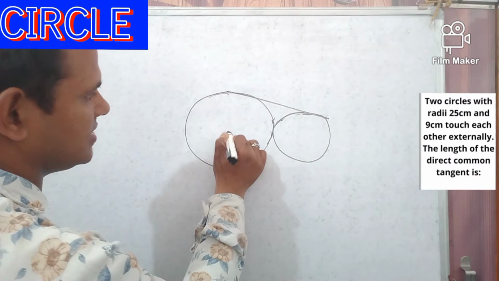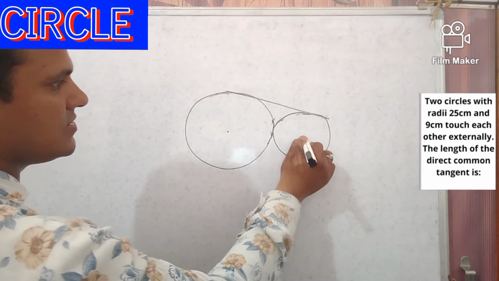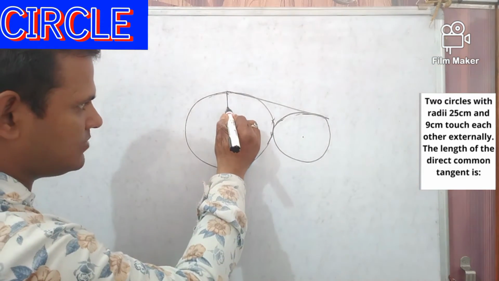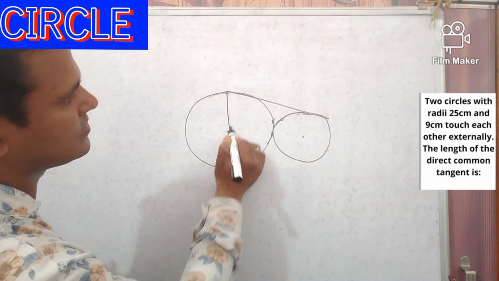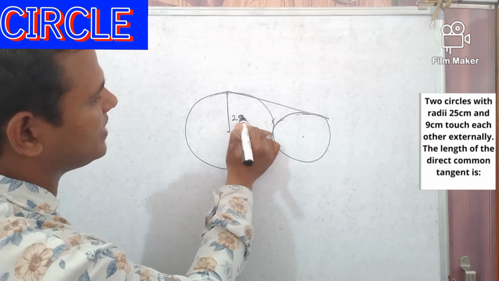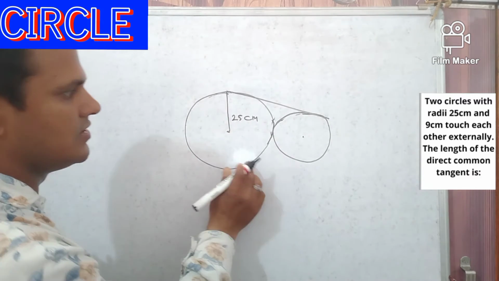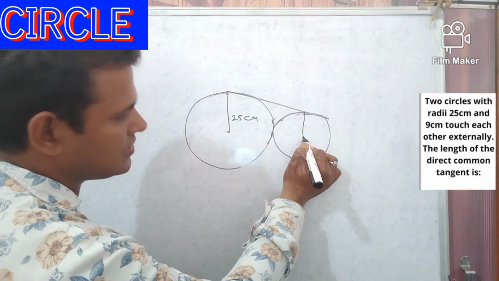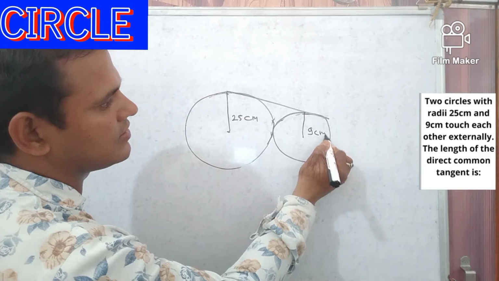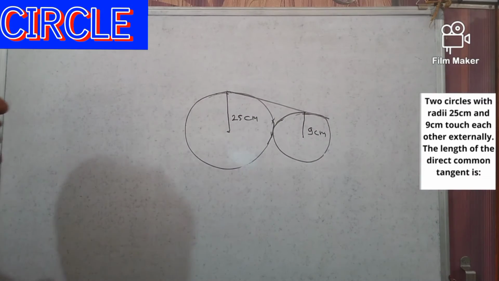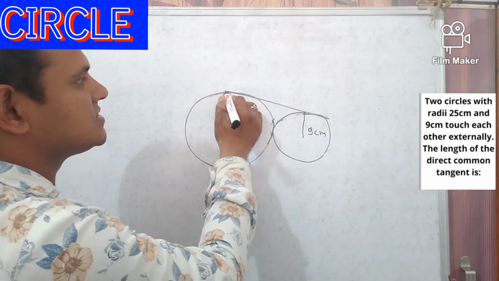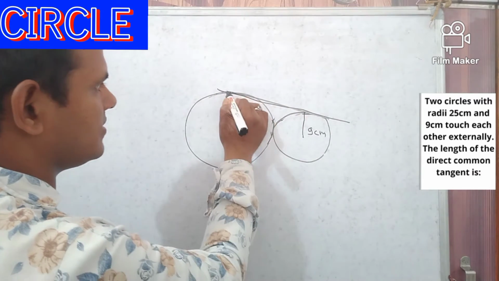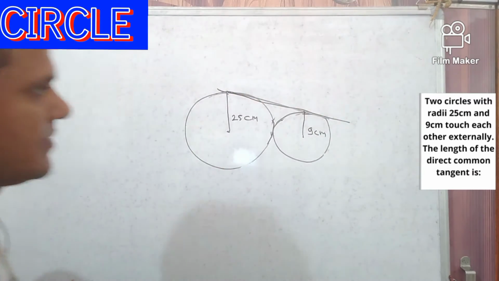Suppose this is the center of this circle. The radius of this circle is 25 centimeter and the radius of this circle is 9 centimeter. Our target is to find the length of this common tangent, from here to here.